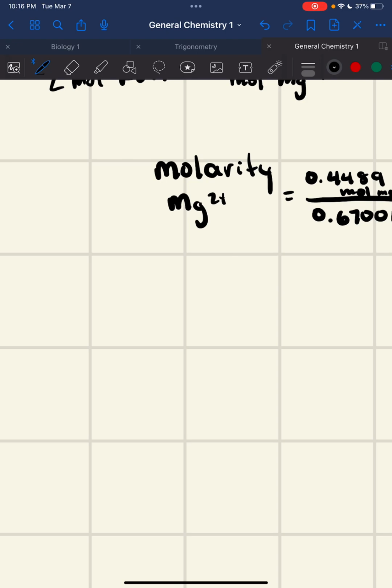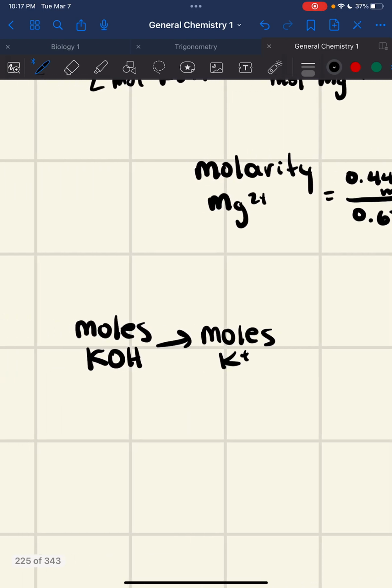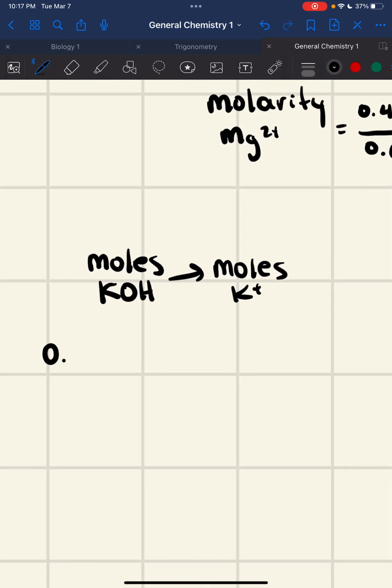So I'm going to start off with my moles of KOH, and then I'm going to go ahead and do my moles of K plus, which is just going to give me my 0.4489 moles of KOH. And I am going to use my molar ratio once again.